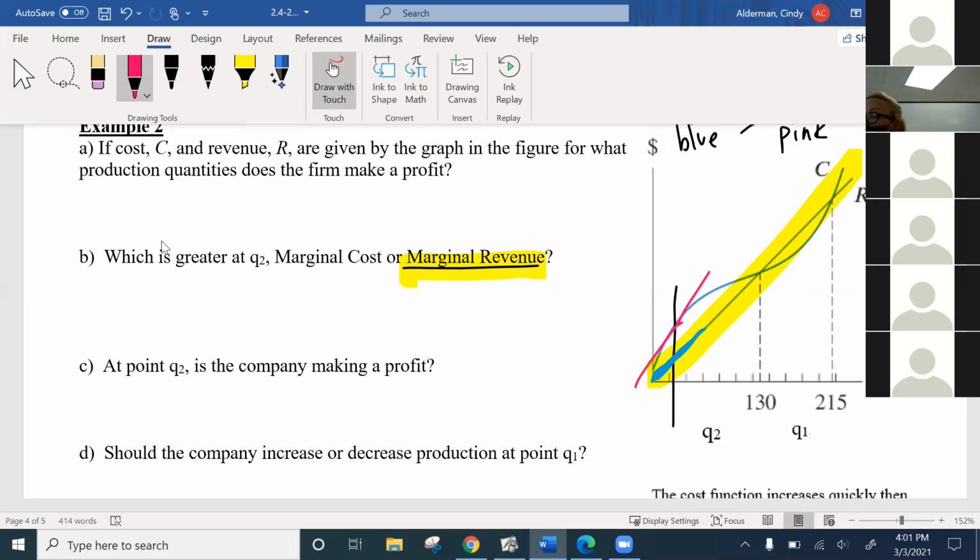The way I've drawn it is really the way it is. The pink line is definitely steeper, right? So at this point for Q2, we can say that the marginal cost is bigger. I forgot A, sorry, I didn't answer A. So marginal cost is greater than marginal revenue, because the slope of the pink line is steeper than the slope of the blue line.